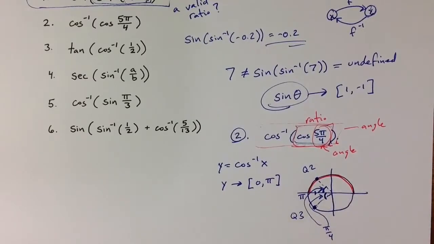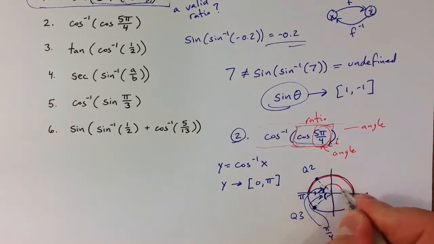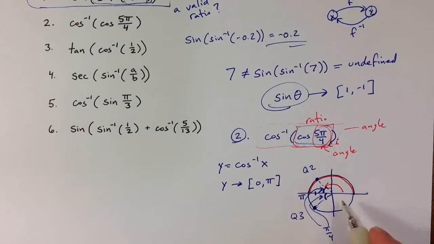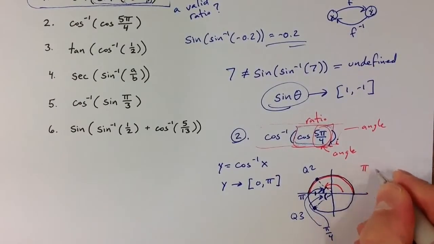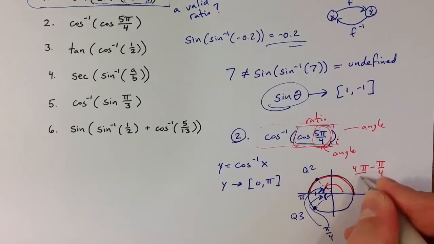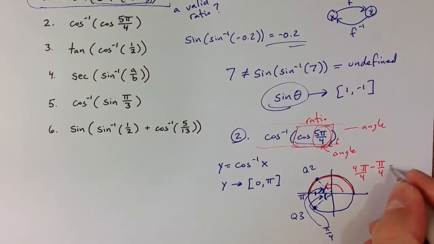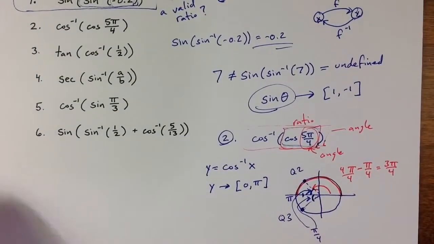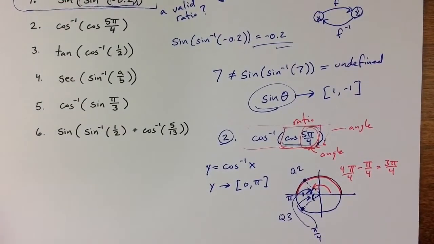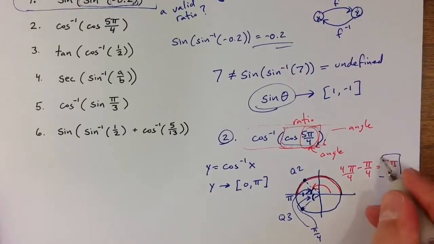And so the angle that we're looking for, this angle, is pi minus pi over 4, which of course 4 pi over 4 minus pi over 4 is 3 pi over 4. So 3 pi over 4 and 5 pi over 4 have exactly the same cosine value, and that is the answer that we're looking for.